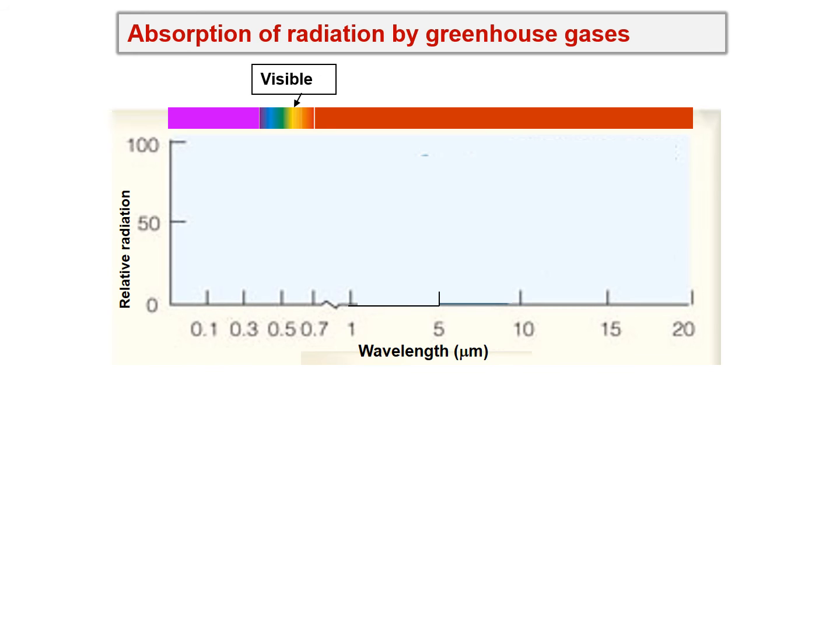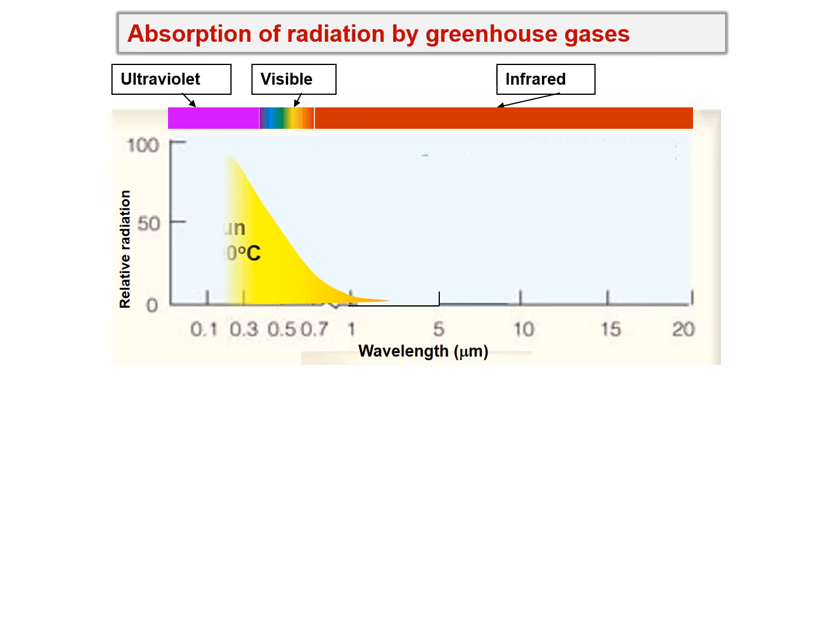50% of it is visible. You see here is the ultraviolet radiation, visible, and so on. This is the spectrum of electromagnetic radiation, right?